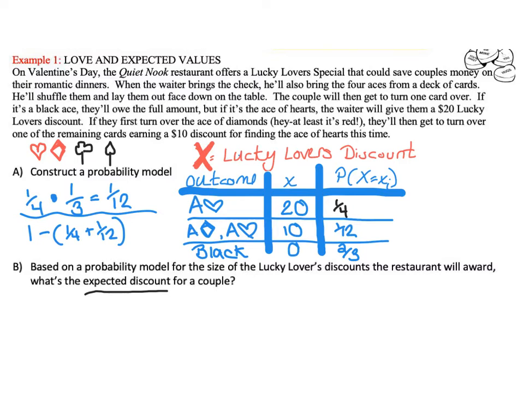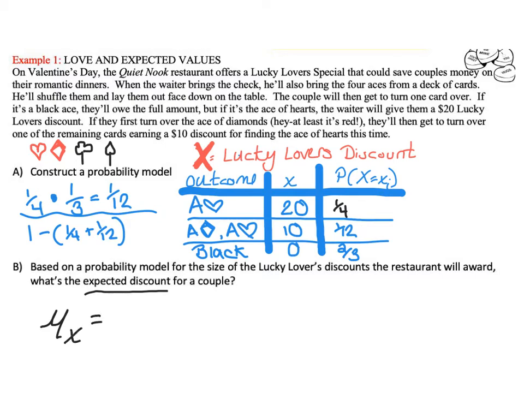All right, so to do this, it's very logical, but you're also given the formula sheet. So what you need to do is take each random outcome here, the $20, and multiply it by the chance of it occurring. And then add that to this outcome times the chance of it occurring, plus this outcome times the chance of it occurring. But I'm going to show you using the proper notation. So expected value is the same as the mean.